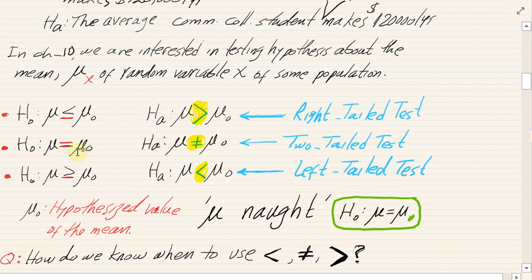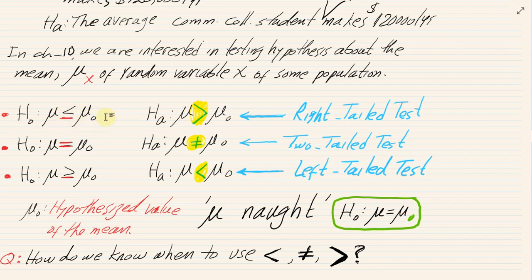And the reason for that is because, for example, let's say I claim the average speed on the freeway exceeds 70 miles an hour. That's the average, not individual. So if the null says, no, it's just 70 miles an hour, it could be actually less.